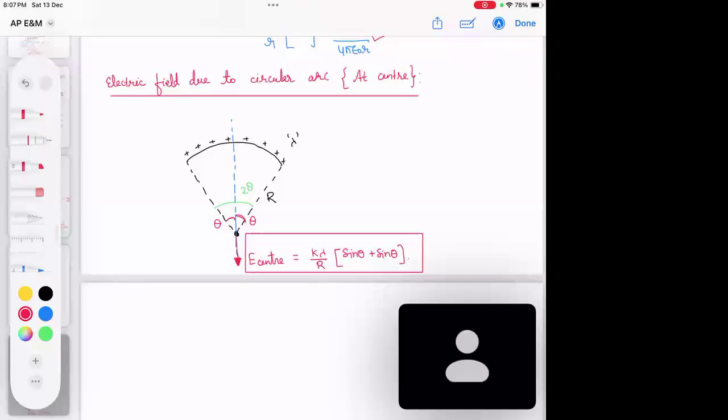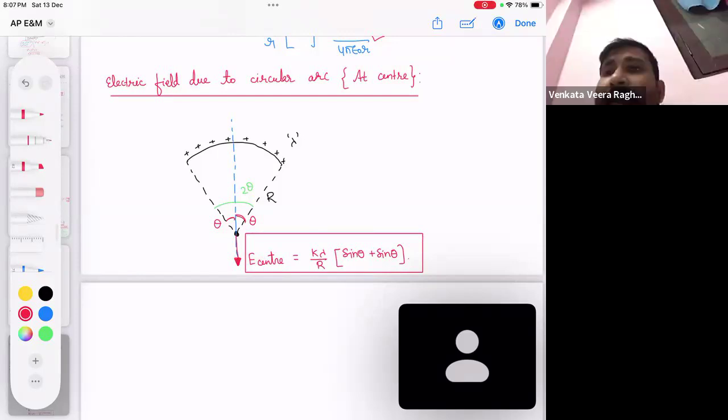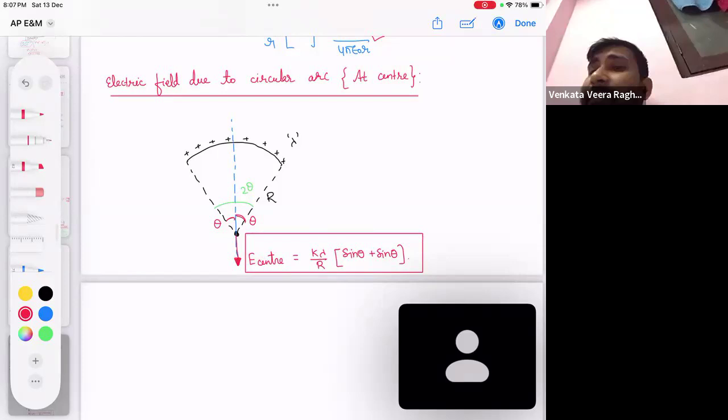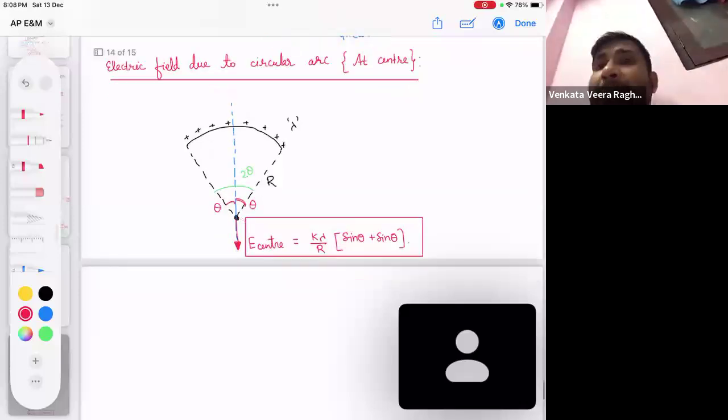Yes, sir. So if you are calculating the electric field due to a circular arc at its center, the field will always come along the angle bisector, and the value of the field is going to be k lambda by r (sin theta plus sin theta). And what is theta? Theta is the half angle of the arc. The total angle of the arc we consider is 2 theta, so theta and theta are the half of the angle.